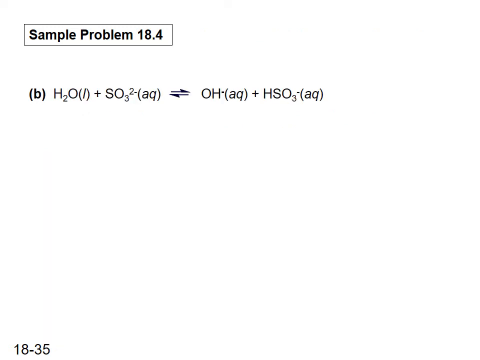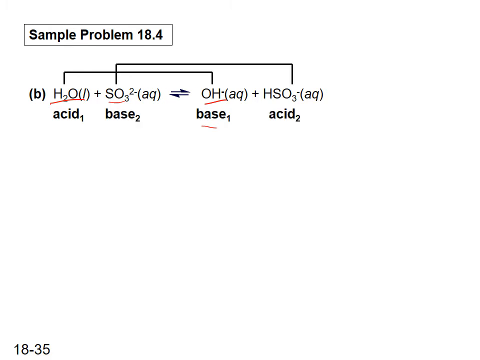In B, water becomes hydroxide. So water must donate a proton to SO3 2-, and therefore water is an acid, and the product, hydroxide, is a conjugate base. SO3 2- must accept a proton to become HSO3-.